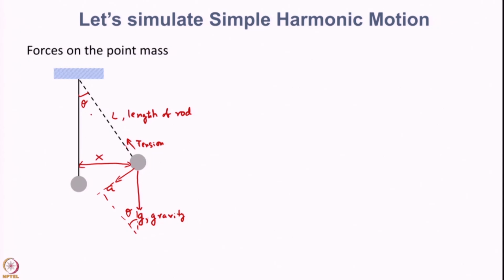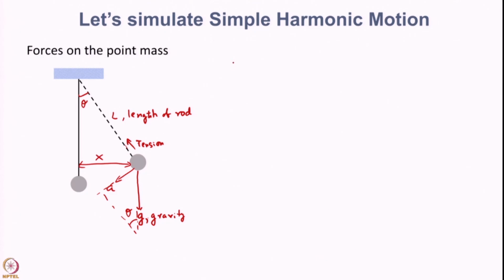So, one triangle is formed by the displacement x and the rod length L. The second triangle is formed by the gravity G and acceleration A on the point mass. So, we have these two triangles.